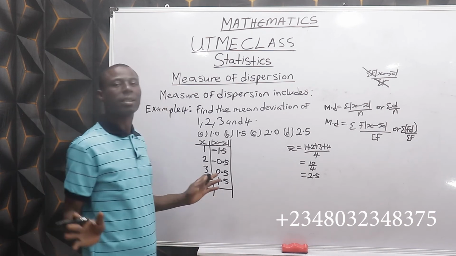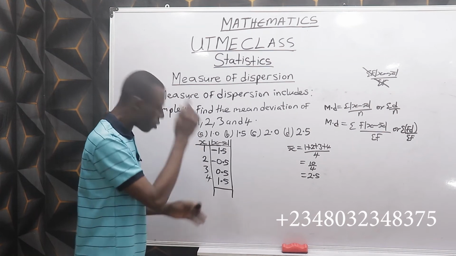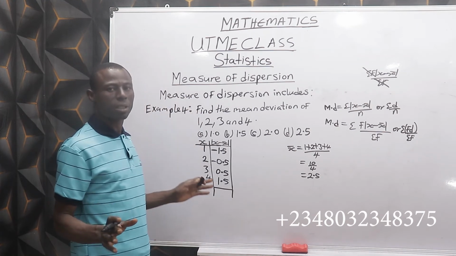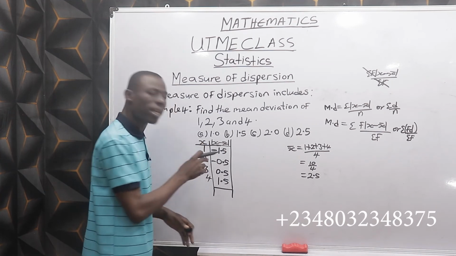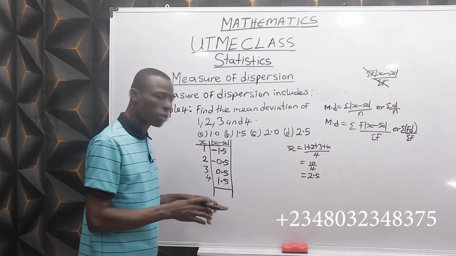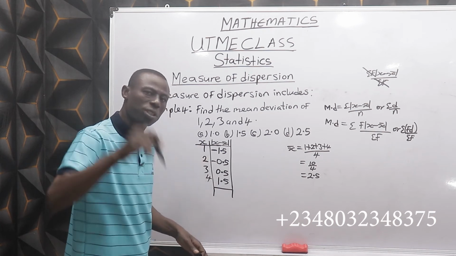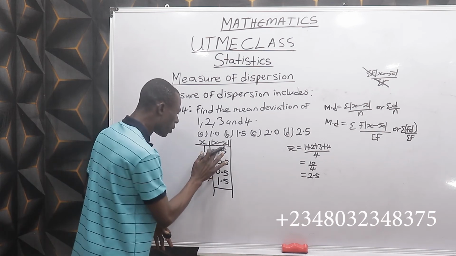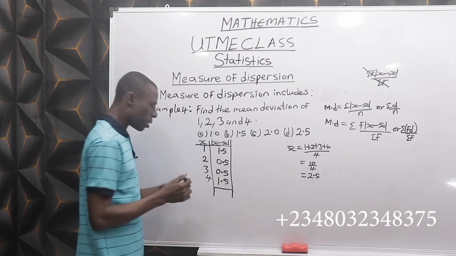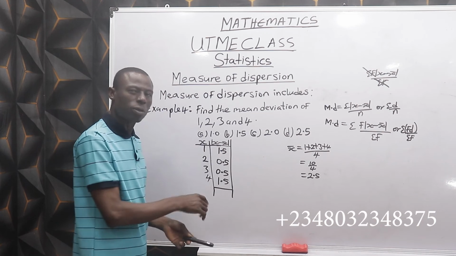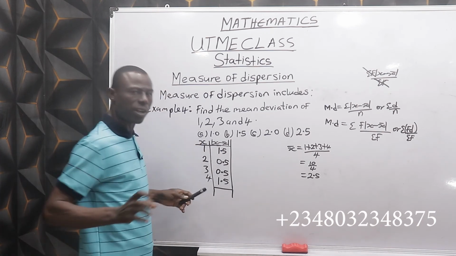You'll be stopped there because everything will negate each other and you are stranded. That's why we must not calculate mean deviation like that. We must calculate it at absolute value. Therefore, I'm removing the negativity. Removing the negativity means these are absolute values without considering negativity, just the difference between them.